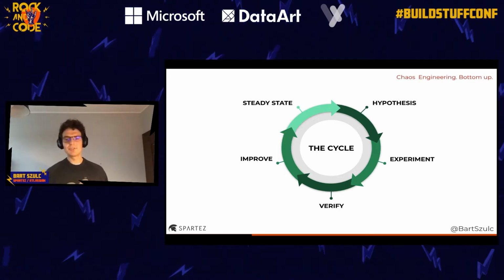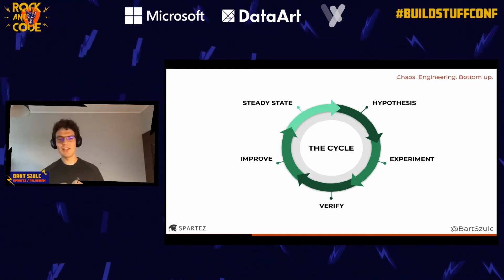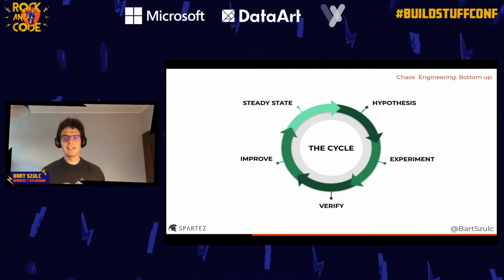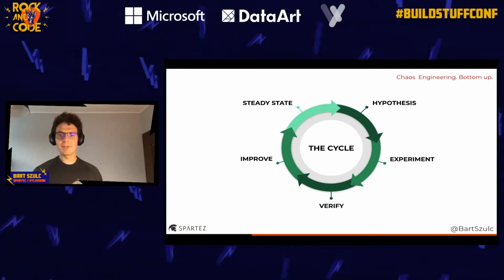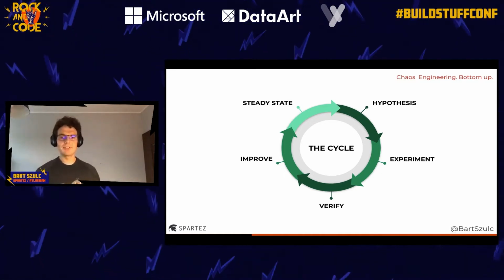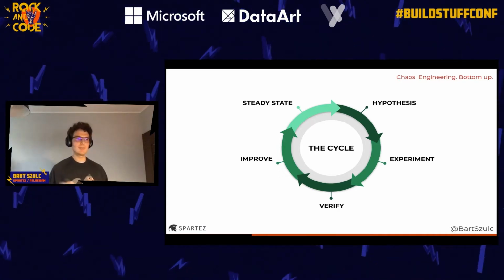Later you introduce variables that reflect real-world events, like some kind of failure or malfunctioning network, etc., into the variable group. And you try to disprove the hypothesis by looking for a difference in steady state between the control group and the experimental group. Right?